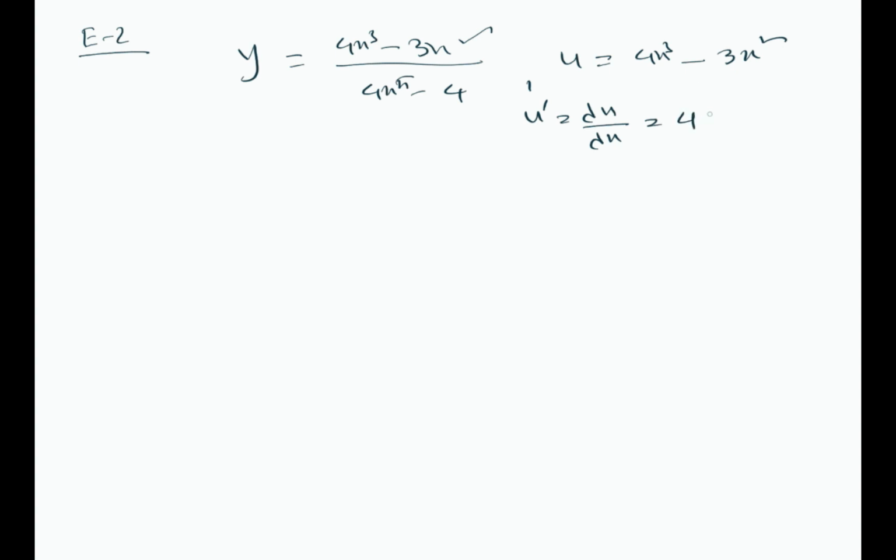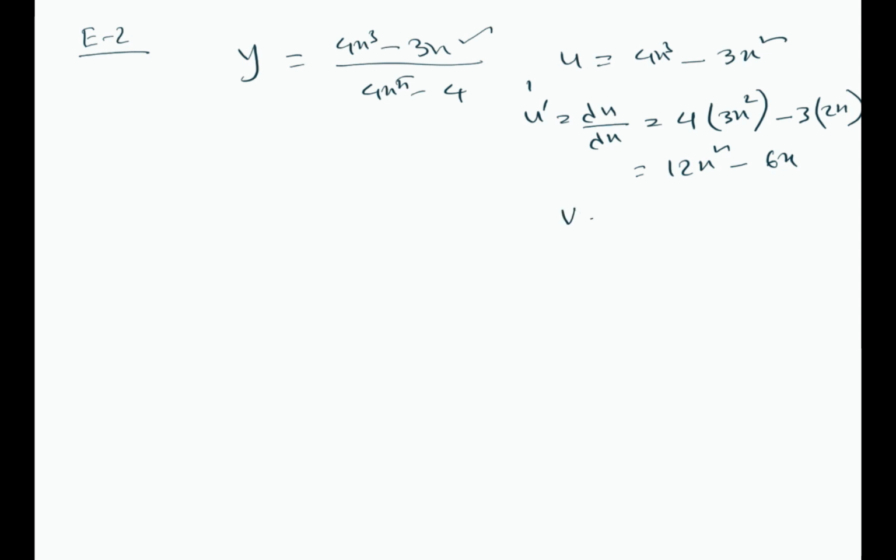So 4 times 3x to the power 2, since 3 minus 1 is 2, and minus 3 times 2x to the power 2 minus 1, which is 1, so I don't need to write this. And the final answer would be 4 times 3 is 12, 12x squared minus 3 times 2 is 6x.